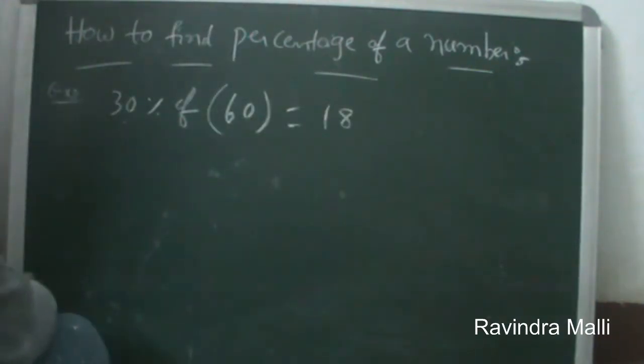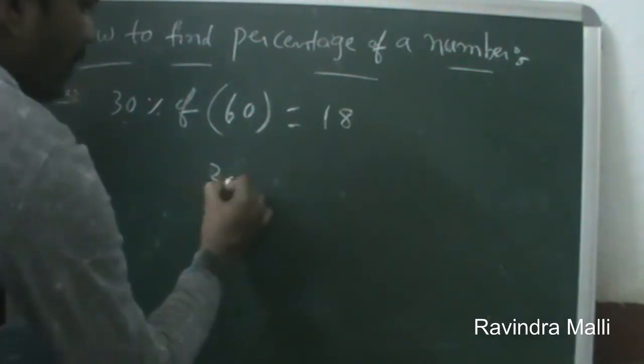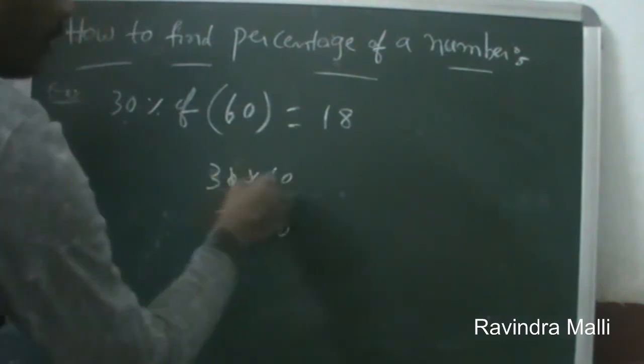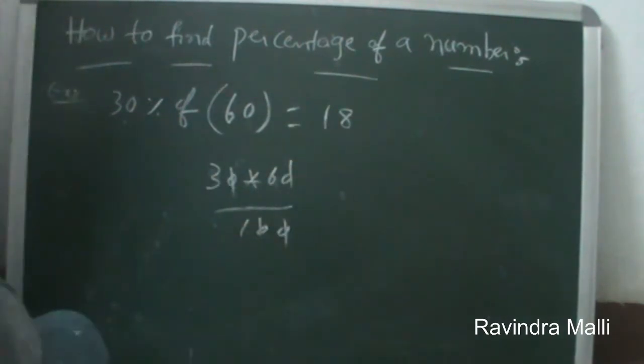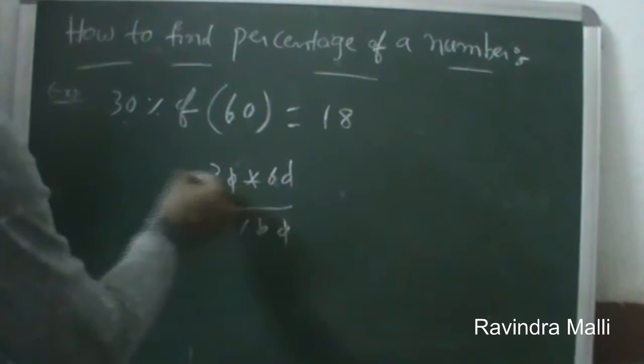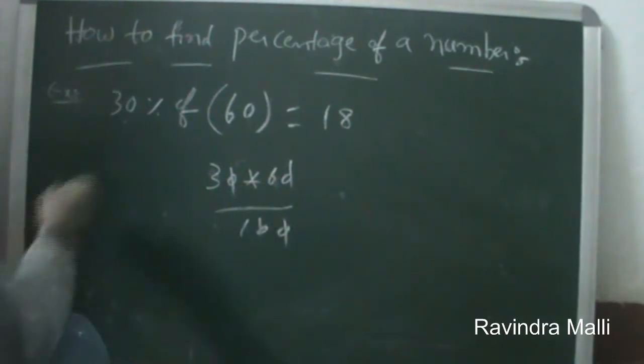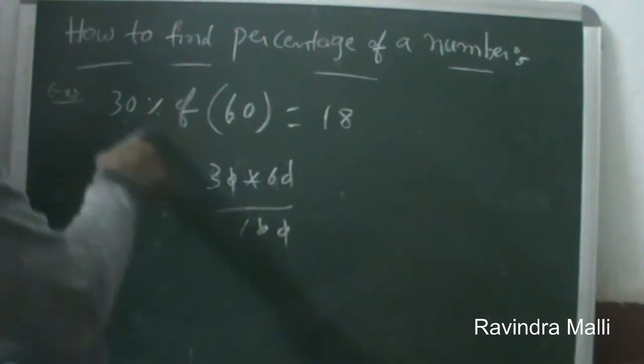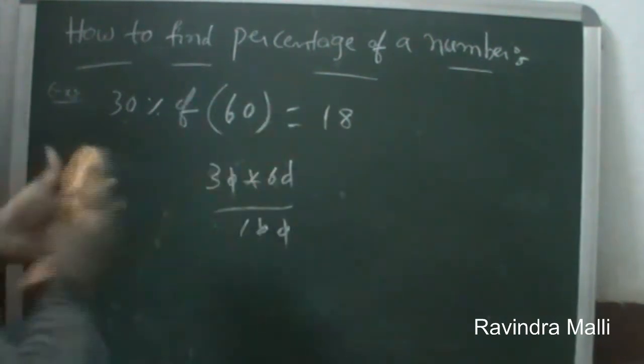The answer is 80. Because if you want to solve it, 30 into 60 by 100, the two zeros are cancelled out. So 6 into 3, you are going to get 18. So you have two zeros, and two zeros you remove if it is a percentage. The remaining is the answer.